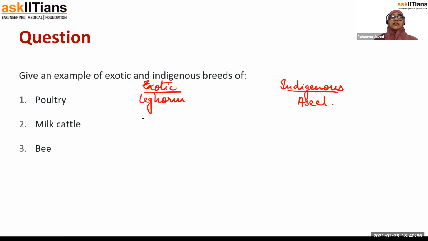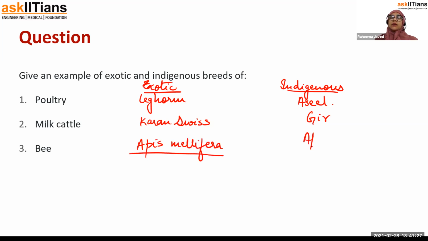Okay, milk cattle: the exotic one will be Jersey, Karan Swiss, and indigenous is Gir. B is Apis mellifera. Okay, exotic variety which is the Italian bee, and Apis cerana indica is the indigenous variety which is the Indian bee.